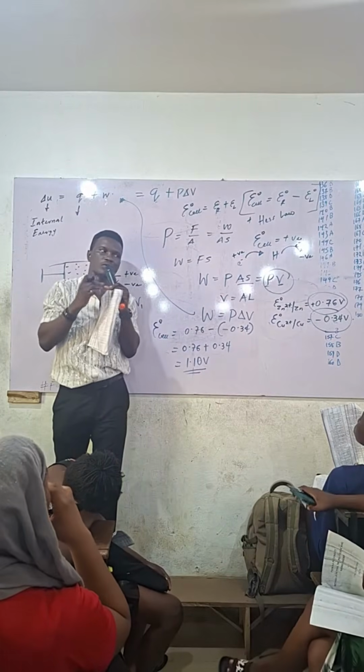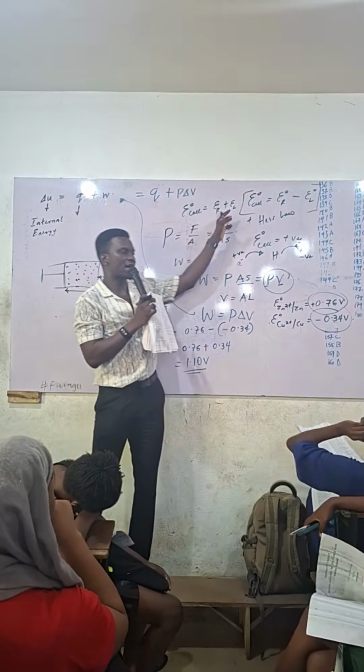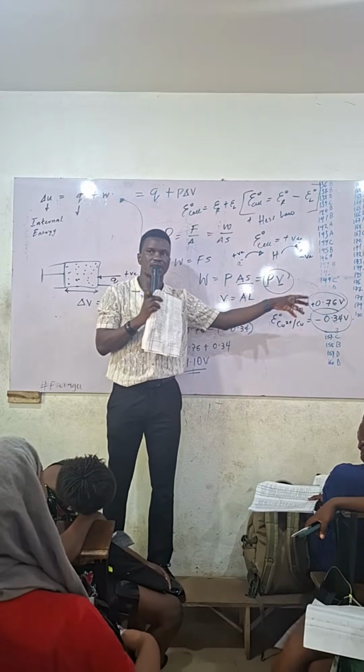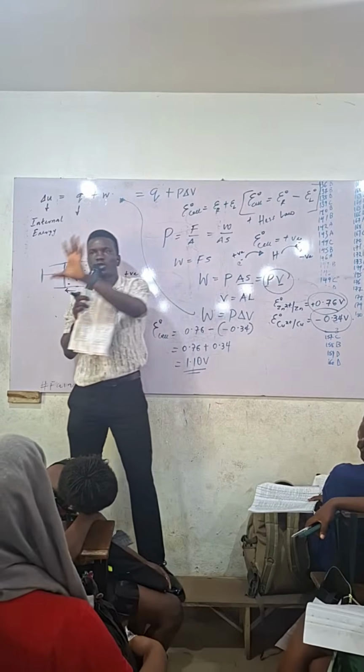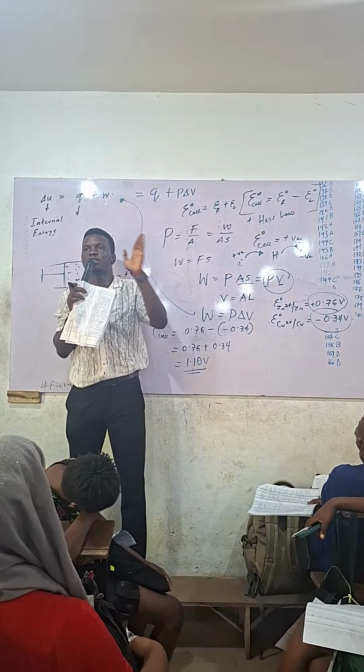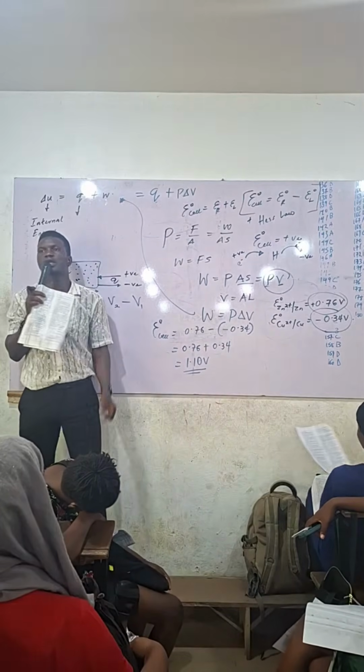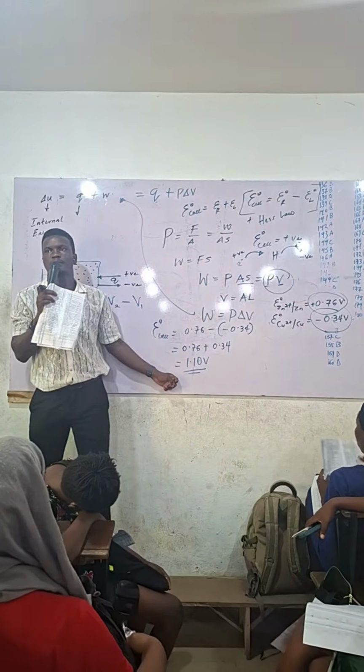One has to be in its oxidation state and one in its reduction state, normal thing, but in order to get the total EMF, you have to sum everything together. That's the only way.